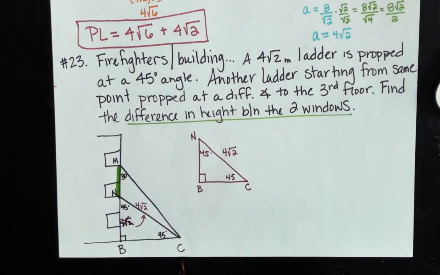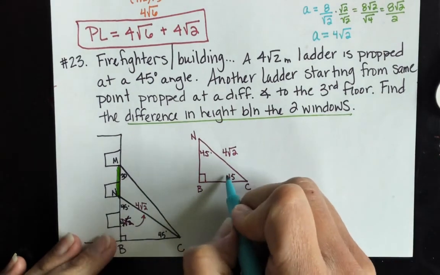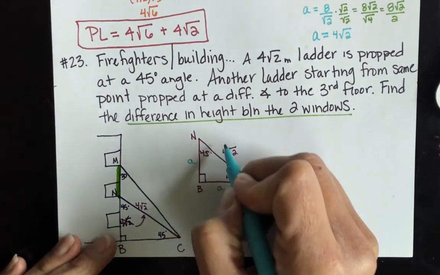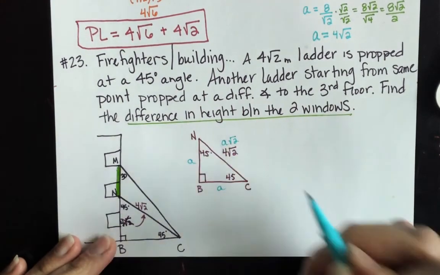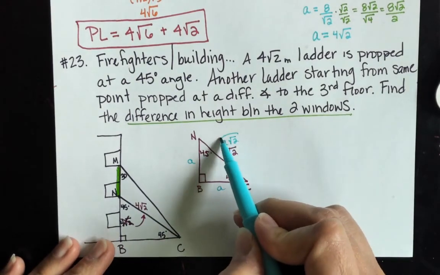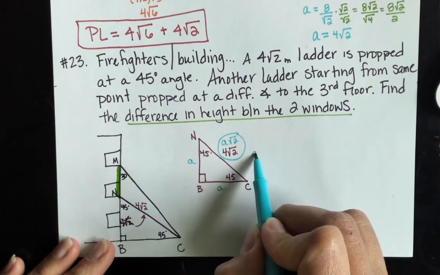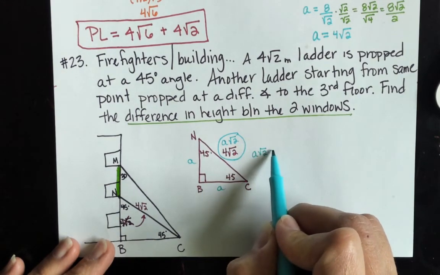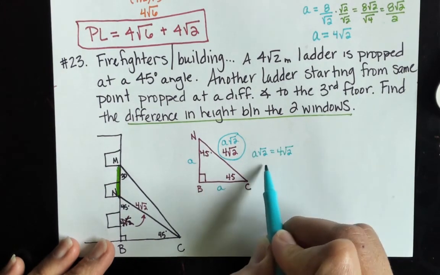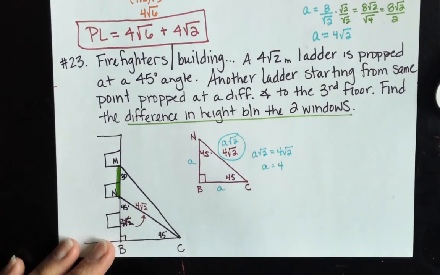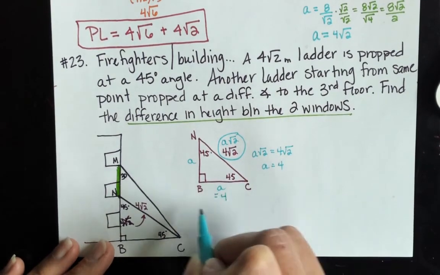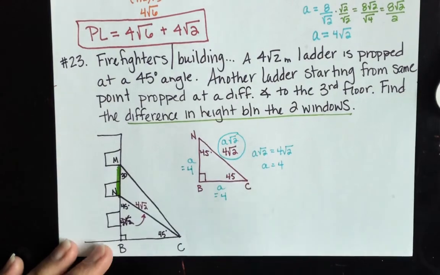After I did some work, found out that it was labeled a little weird, but I know opposite is A, and A radical 2. Well, we can see what A is. So we know A is going to be 4. So that means this side is 4 and this side is 4.